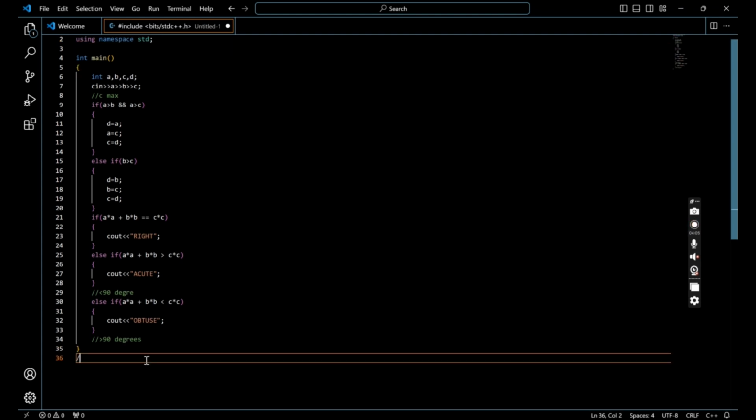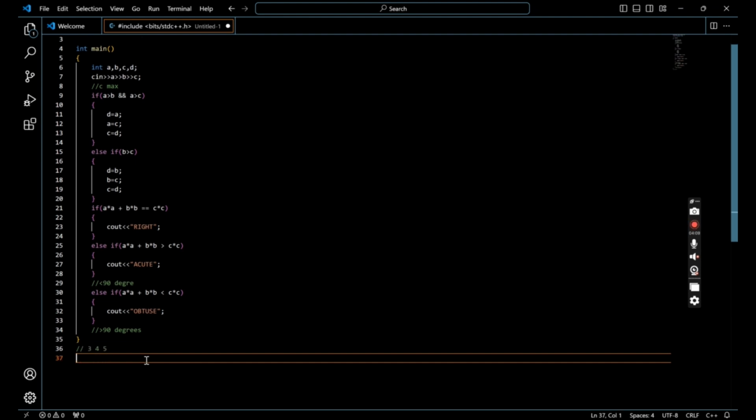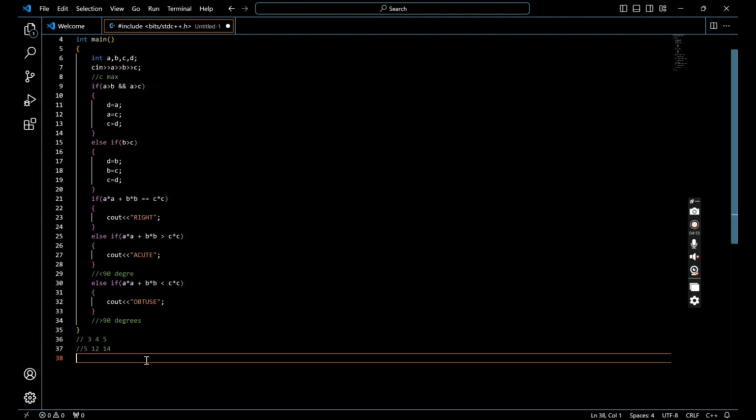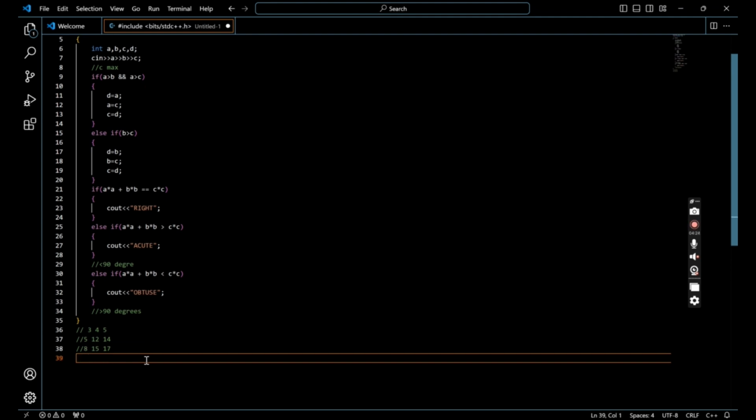about this. In math, we know 3, 4, and 5 is a Pythagorean triple, and we calculate it all by it, and 5, 12, 13, 7, 15, 17, etc. going on and on. I think 7, 15, 17 is kind of wrong. It's 8, 15, 17. Anyways, on and on.